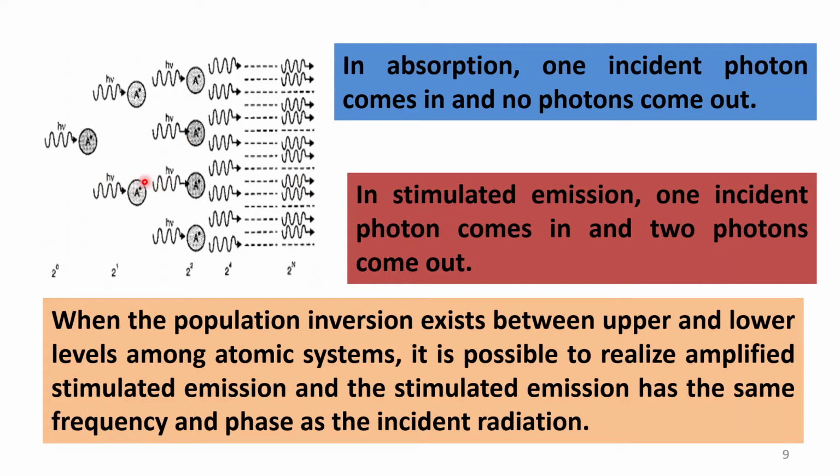Now in this figure we can see that when one incident photon interacts with the atoms during the transition from the metastable state to the ground state, it emits two photons which propagate along the same direction, having the same frequency and phase as the incident photon. In this way, a large number of photons get emitted along the same direction as the incident photons, and we can say that there is amplification of photons in the stimulated emission process.